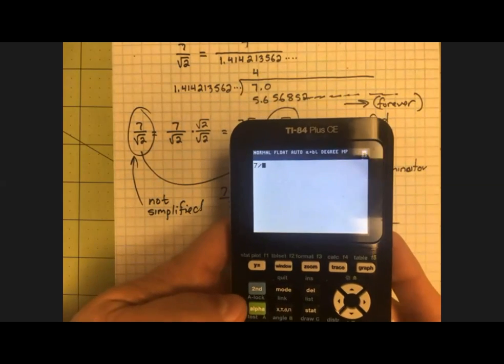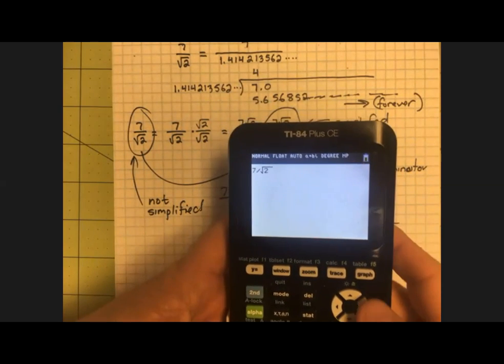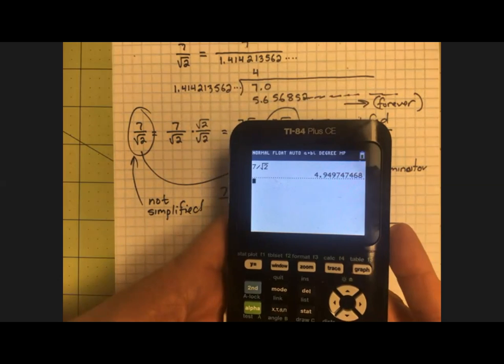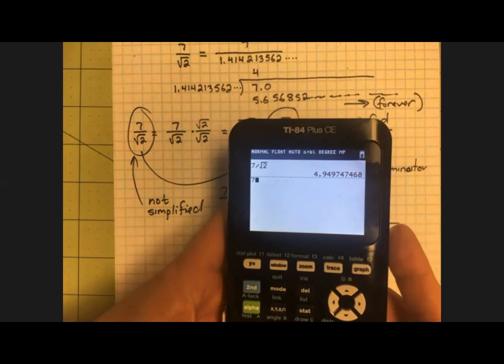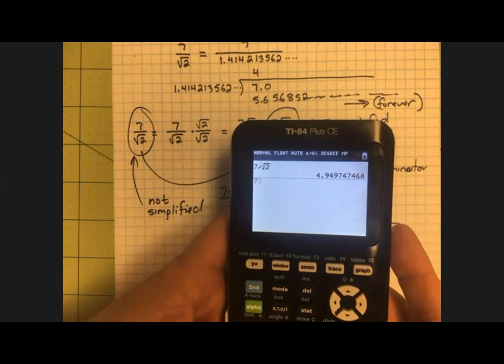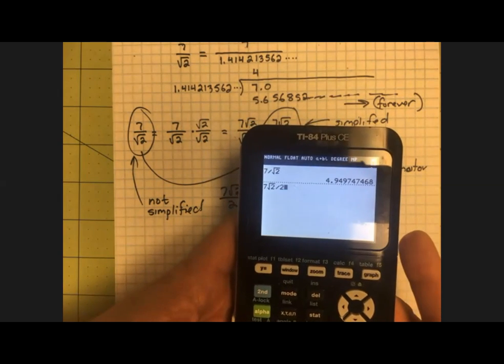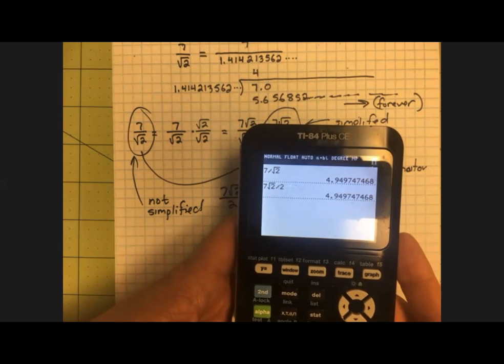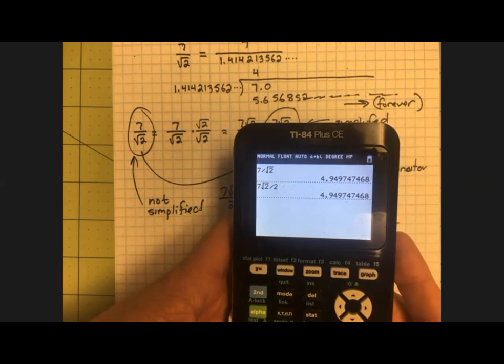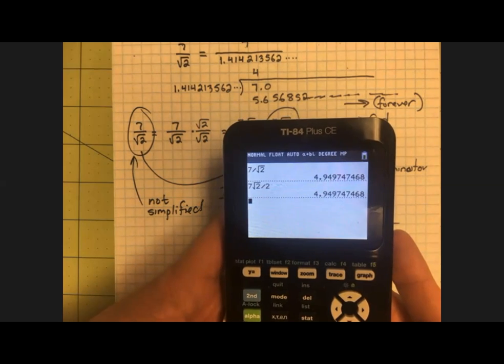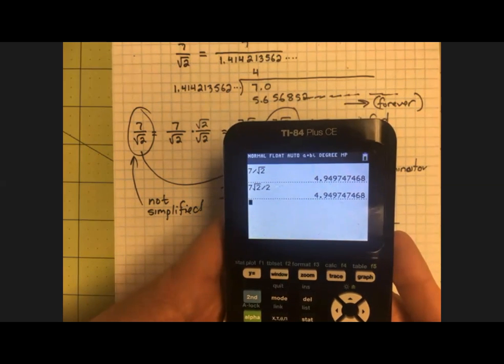7 divided by the square root of 2. 7 times the square root of 2 divided by 2. Just in the age of the calculator, we say, you know, who cares which way I write it?